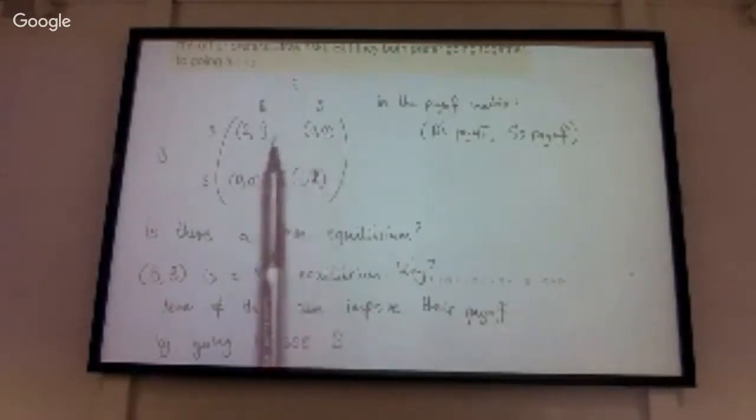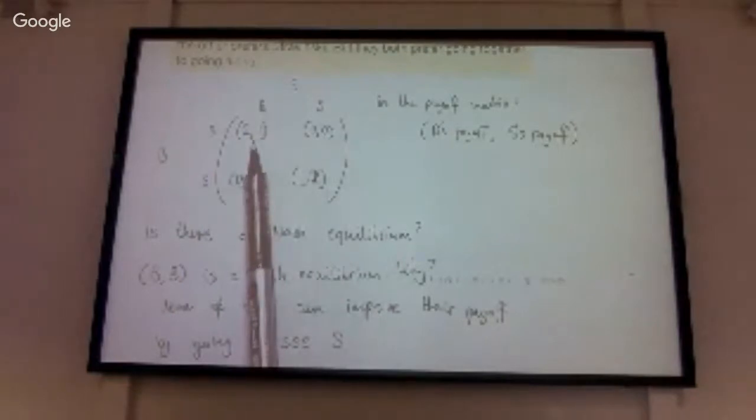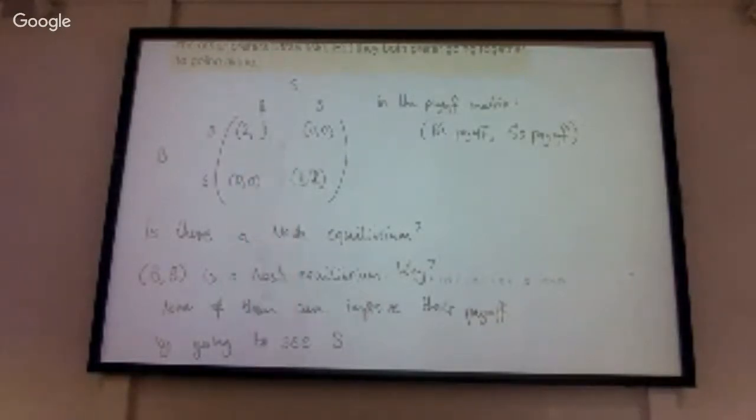Now, of course, you have to remember that where before we had only the payoffs for the row player and the payoffs for the column player were the negatives, we can't do that in a non-zero-sum game, so we have to put them separately. So we're back to those players wanting their payoff to be as large as it can be. The column player is no longer minimizing anything. They're both trying to maximize their payoff.